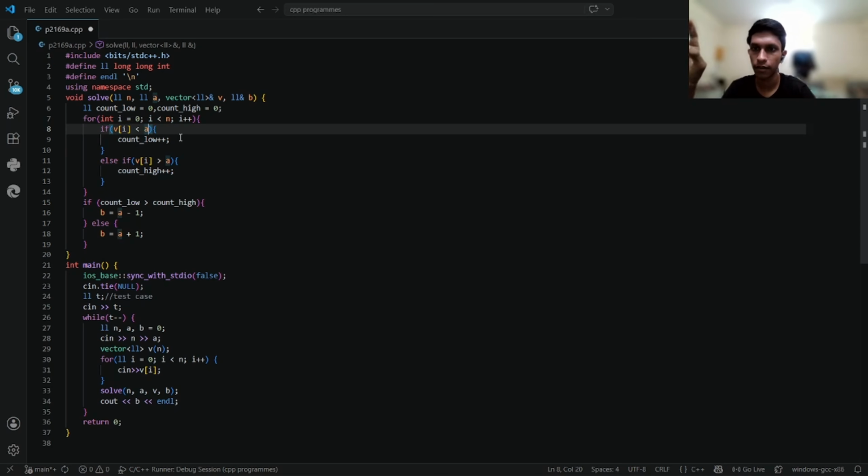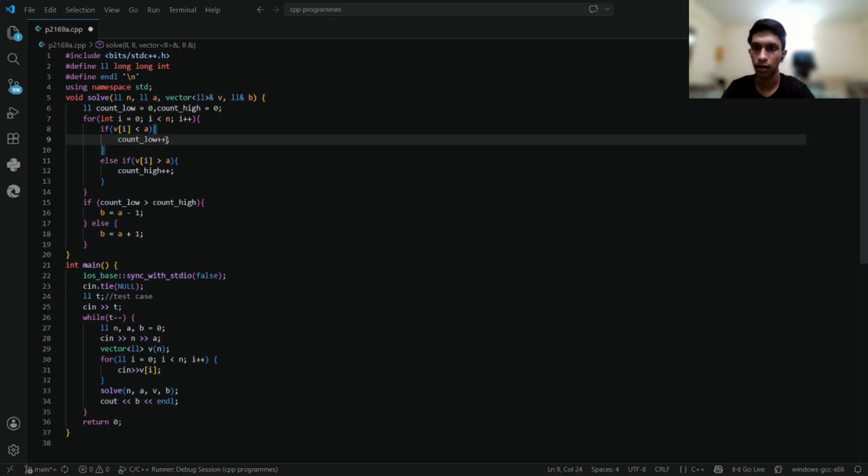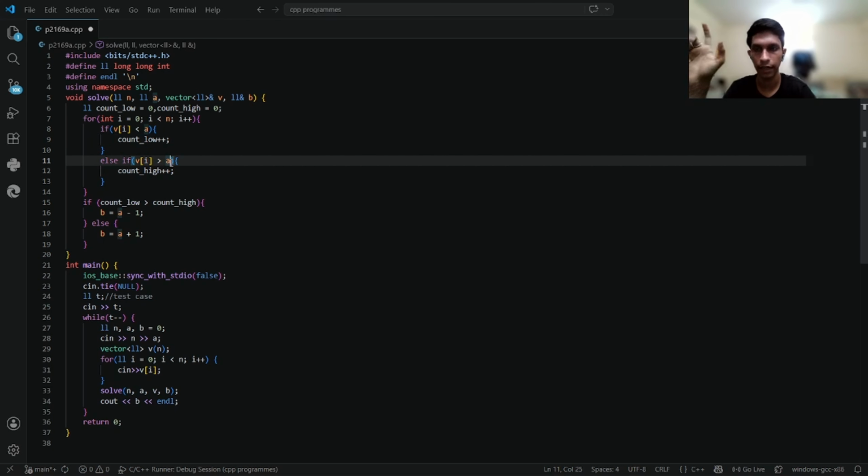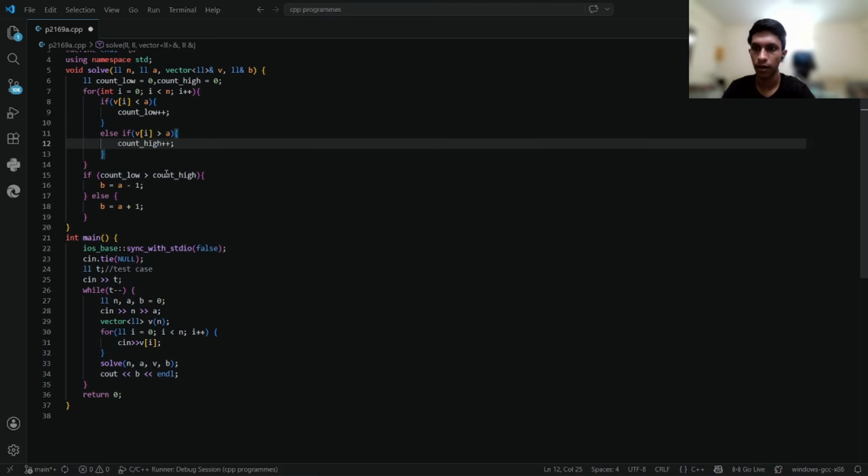If Alice's point is greater than the integer written on it, we'll increment the lower count, and if the integer is greater than Alice's point, we'll increment the higher count.